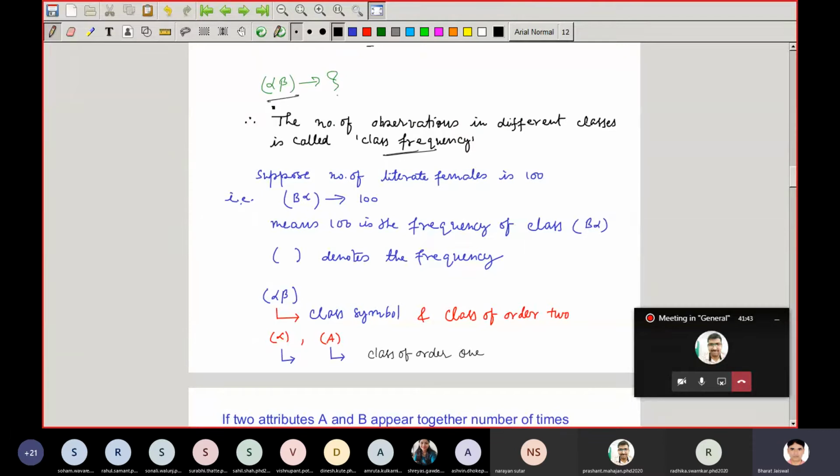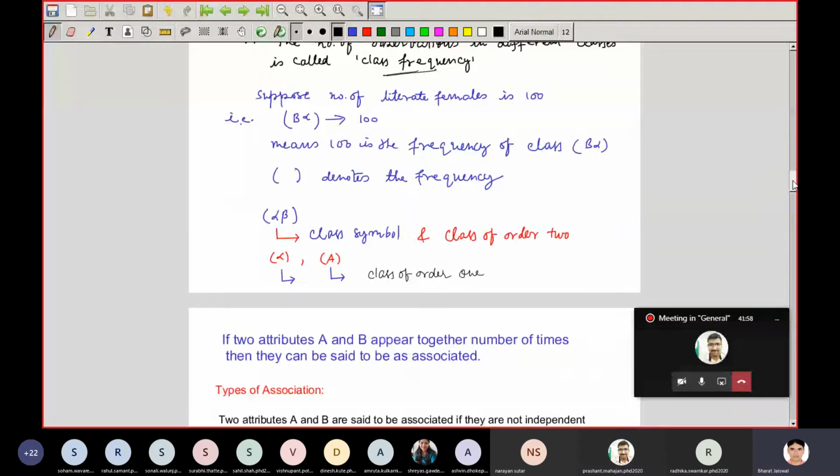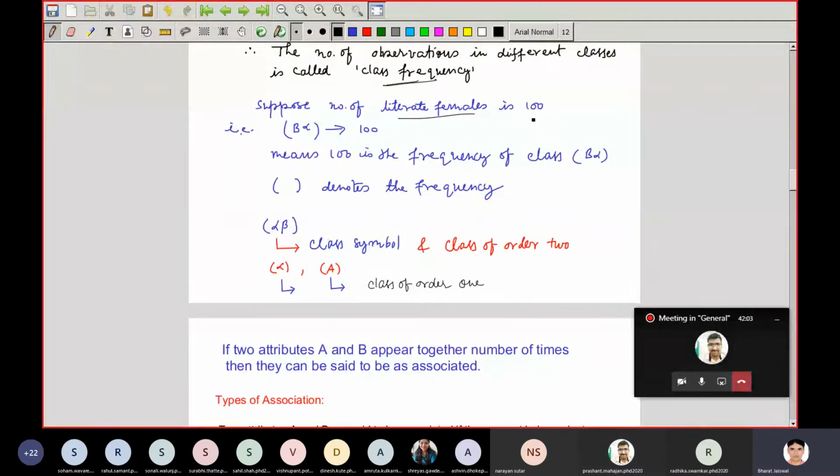So this stands for the frequency of alpha beta, the number of females who are illiterate, the class frequency having both attributes alpha and beta. Suppose literate females are handed, so we can write this. This bracket denotes the frequency and this denotes the simple class, and so on.